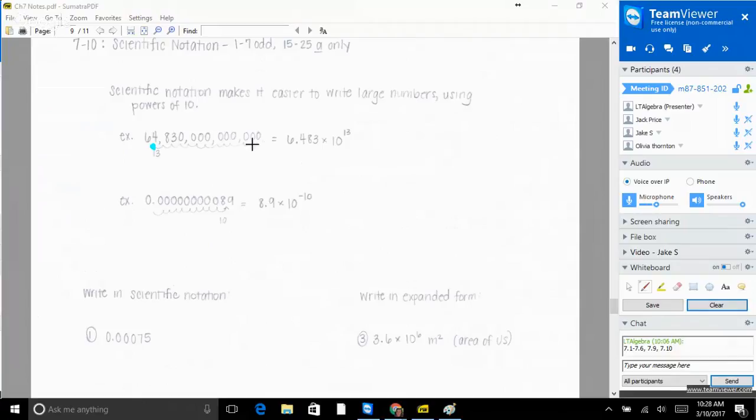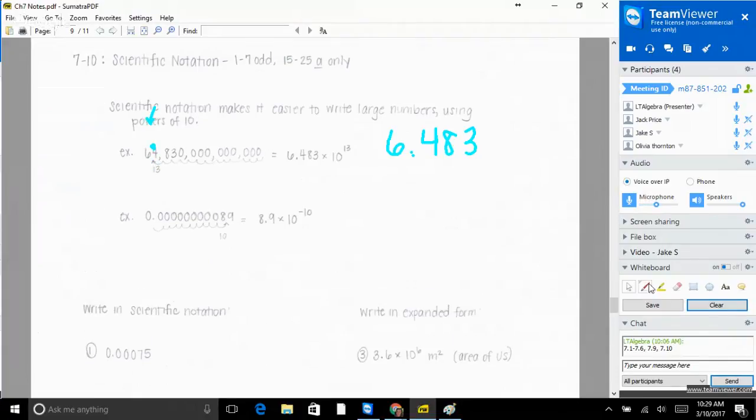You can see on here I drew 1, 2, 3, 4, 5, 6, 7, 8, 9, 10, 11, 12, 13. So instead of writing this huge number, scientists could say this is 6, and the decimal always goes right after the first number, 6.483 times 10 to the 13th power.